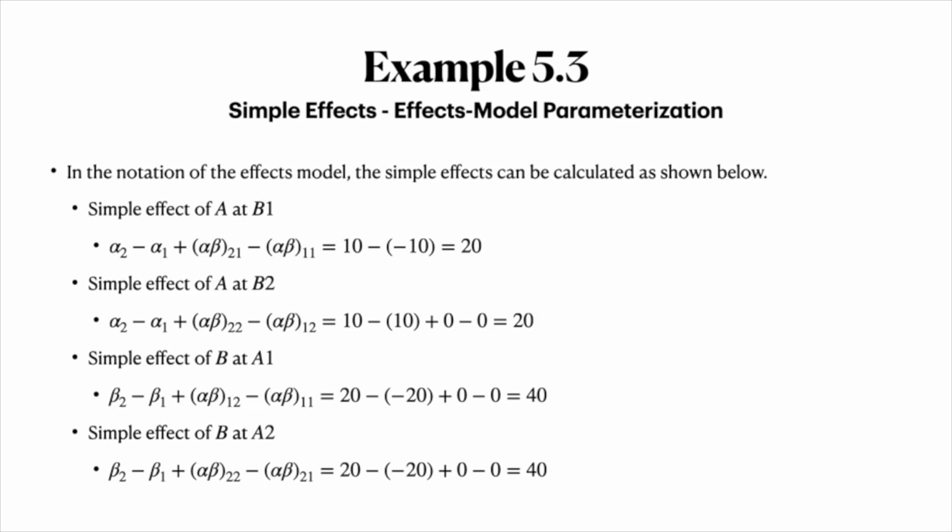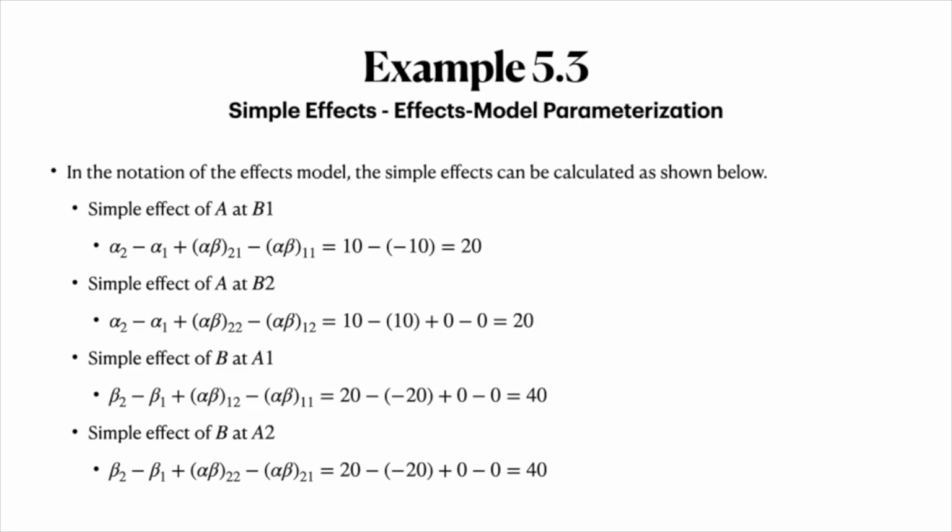Now, in the notation of the effects model, the simple effects can be calculated as shown on this slide. For example, the simple effect of A at the first level of B is equal to alpha 2 minus alpha 1 plus alpha beta 2,1 minus alpha beta 1,1.